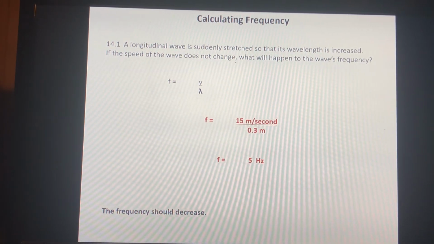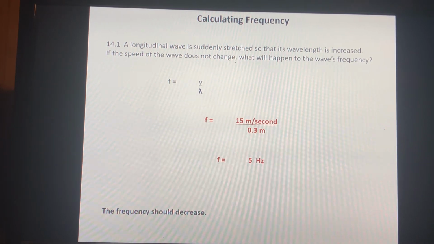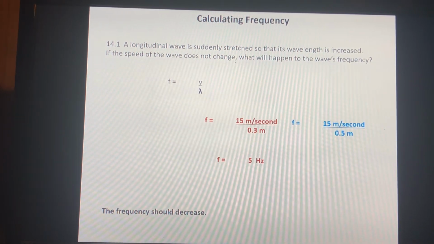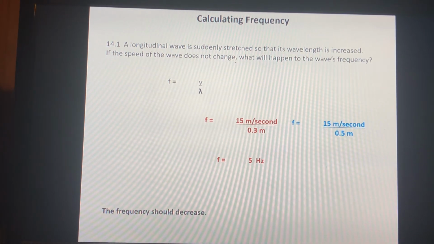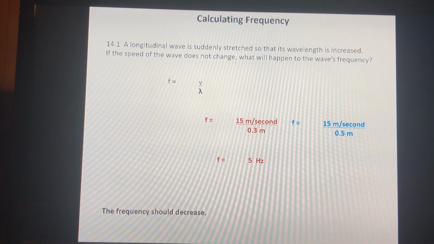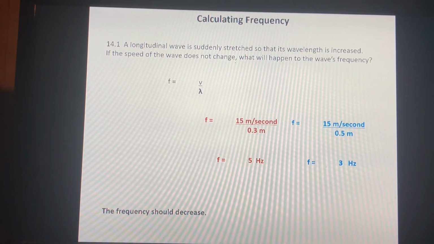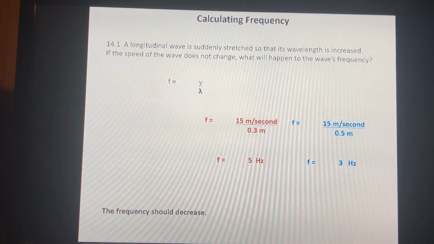So going back to the one that I may or may not have gotten wrong, where frequency equaled 5 hertz, let's change the wavelength from 0.3 meters to 0.5 meters and see if we can get the answer. And so when you do the division, I have 3 hertz there. It's probably actually 30 hertz now that I'm re-looking at it.